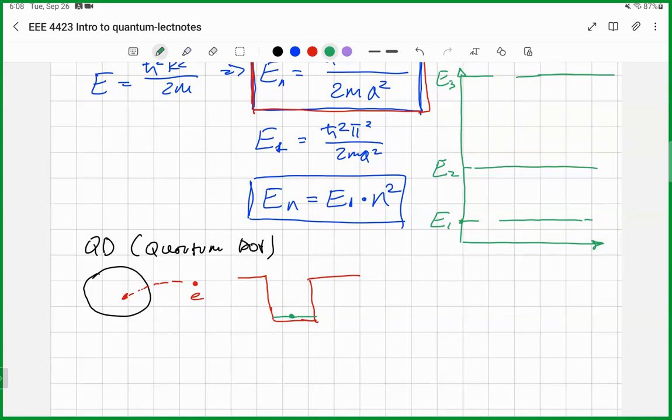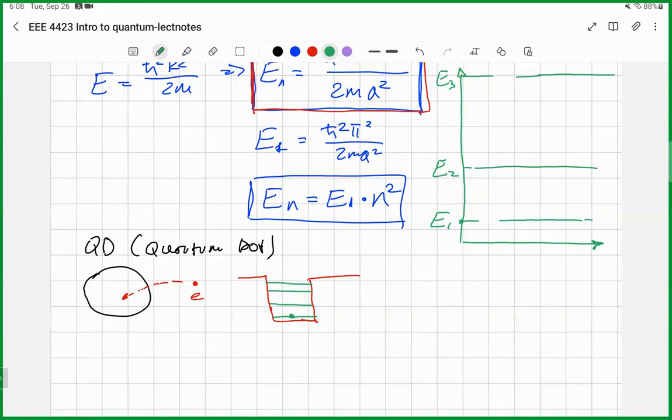So when the electron comes to this quantum dot, its spectrum becomes quantized. In free space, an electron can have any energy, any number. But when it is trapped by a quantum dot, the energy of the electron becomes quantized. So it can have some allowed energy states.